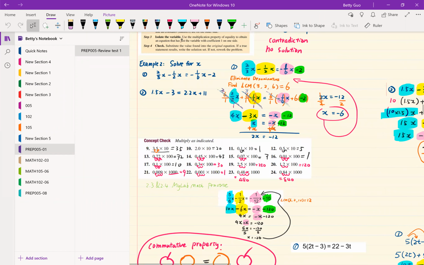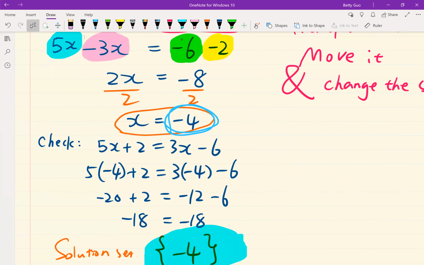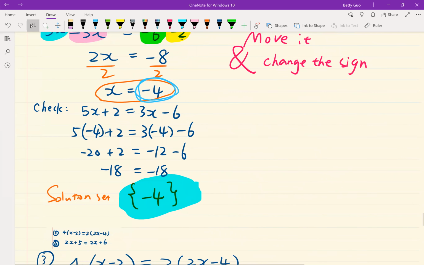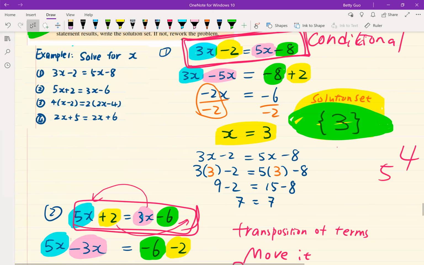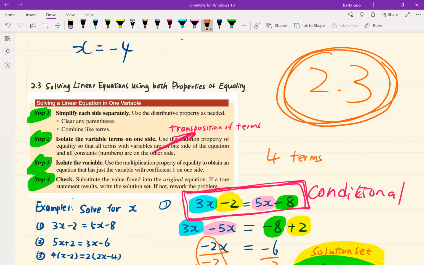Well, I'll just recommend you work on your assignments. Work on your assignments in MyLab Math 2.3. You have enough practice there.